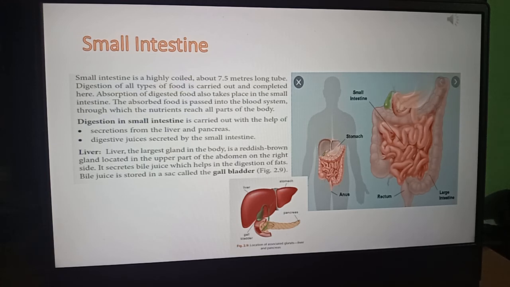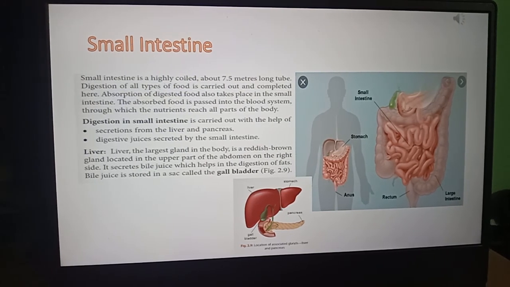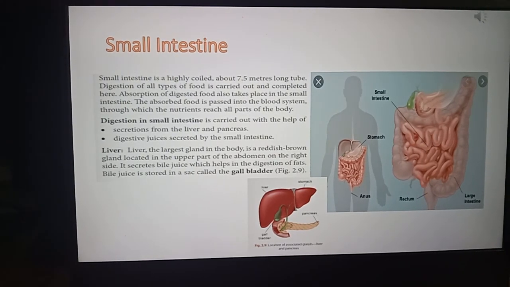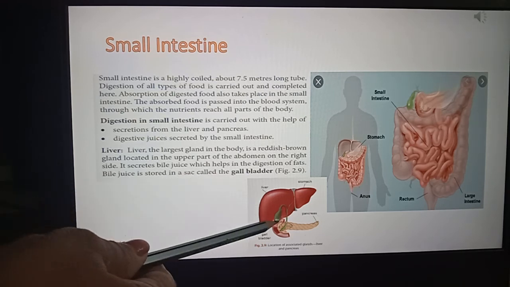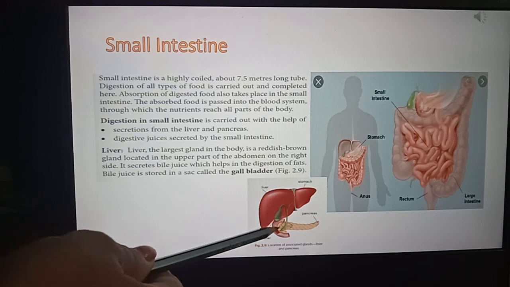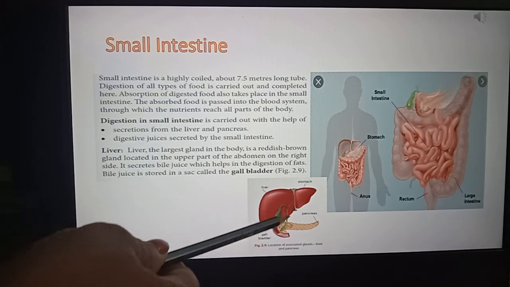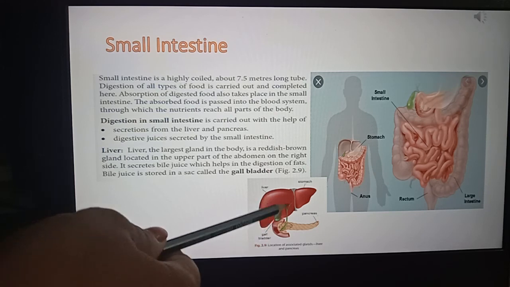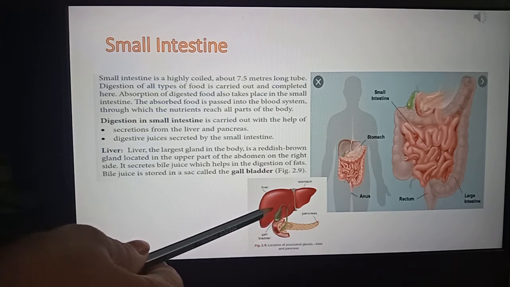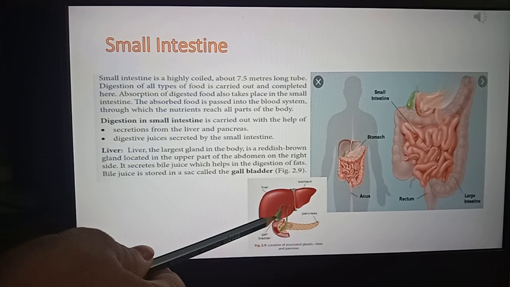When this bile juice is produced by the liver, it gets stored in the gallbladder, the small bag-like structure that you remember.